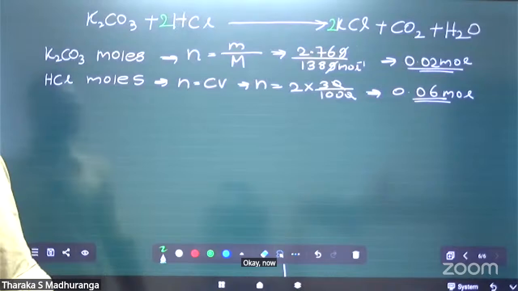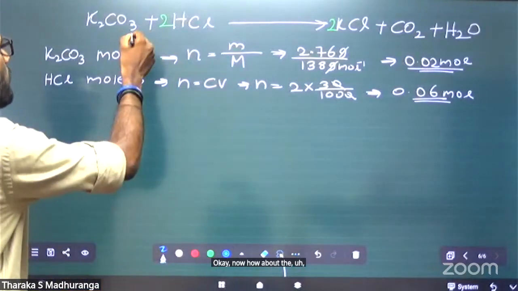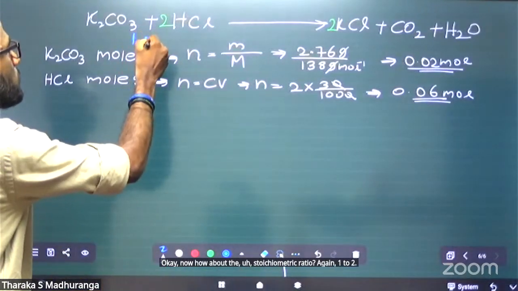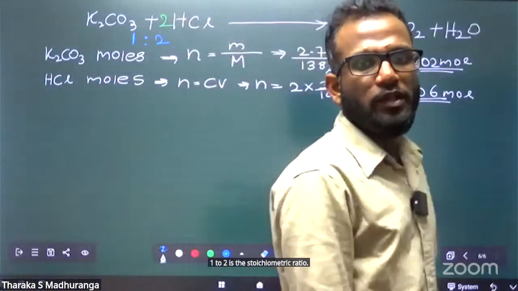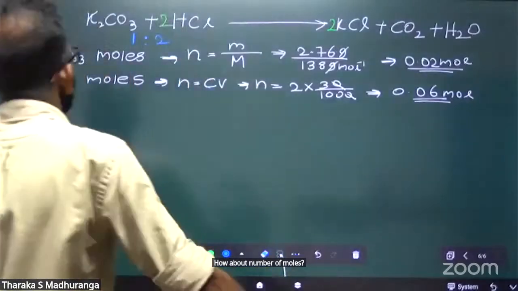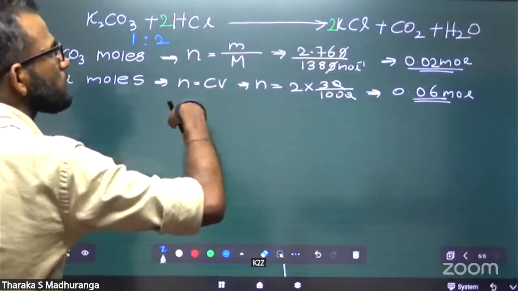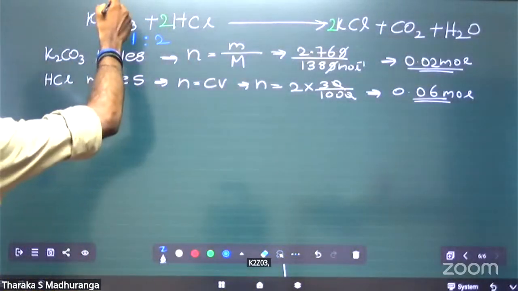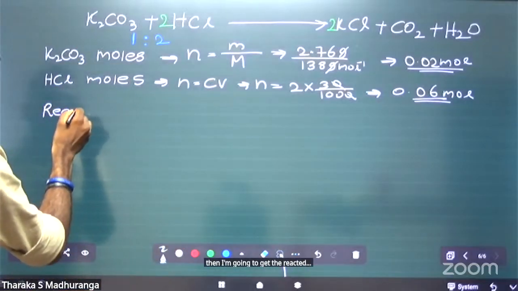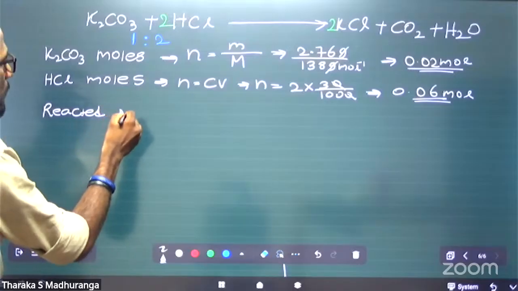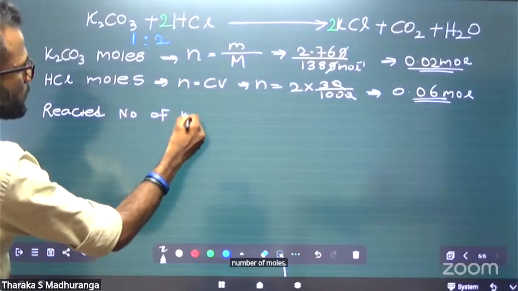Okay, now how about the stoichiometric ratio? 1 to 2 is the stoichiometric ratio. How about number of moles K2CO3? Then I'm going to get the reacted number of moles.